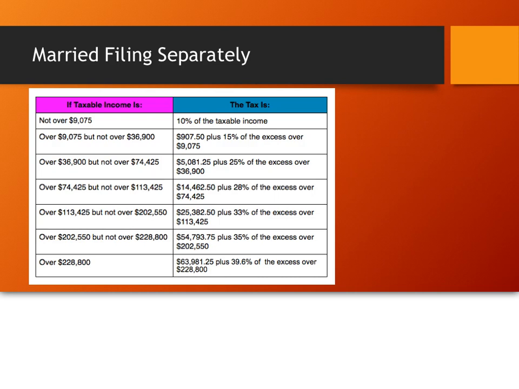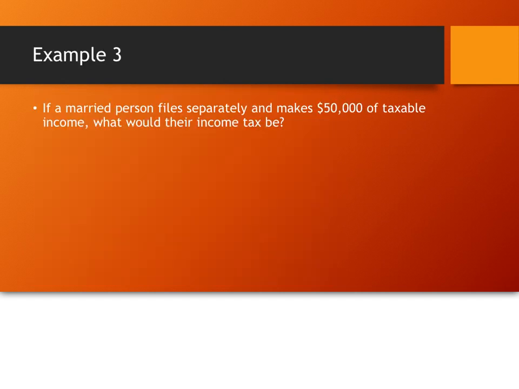Okay, we'll talk about filing jointly later, but let's just say instead of being a single person, let's say I'm married and I want to file my own taxes. So let's see if a married person files separately. So I'm filing as an individual, and I have $50,000 of taxable income. What would my income tax be?